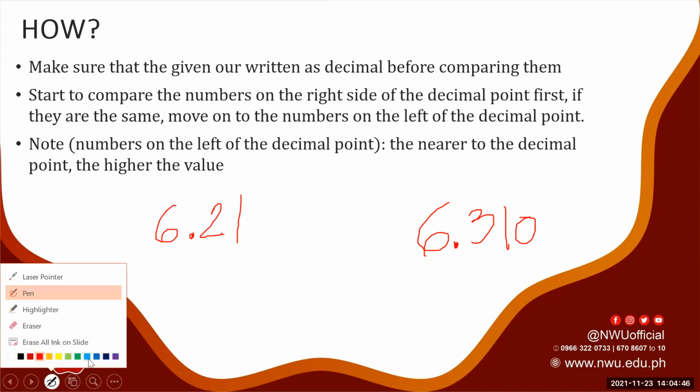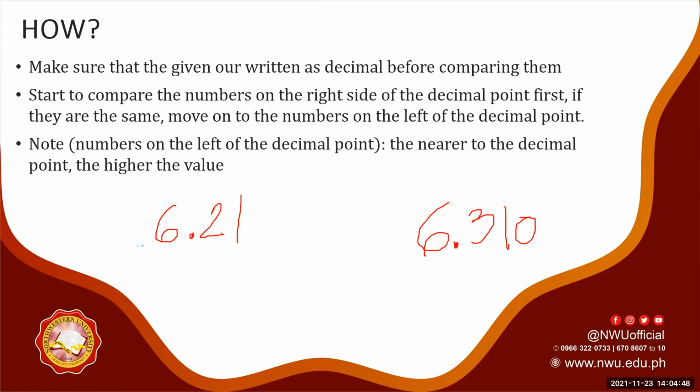Ang kanilang whole number ay 6. That is the reason why you are going to move doon sa decimal places niya, which is 21 and 310. But first, before kayo mag-compare, make sure na magkaparehas sila ng number of decimal places.